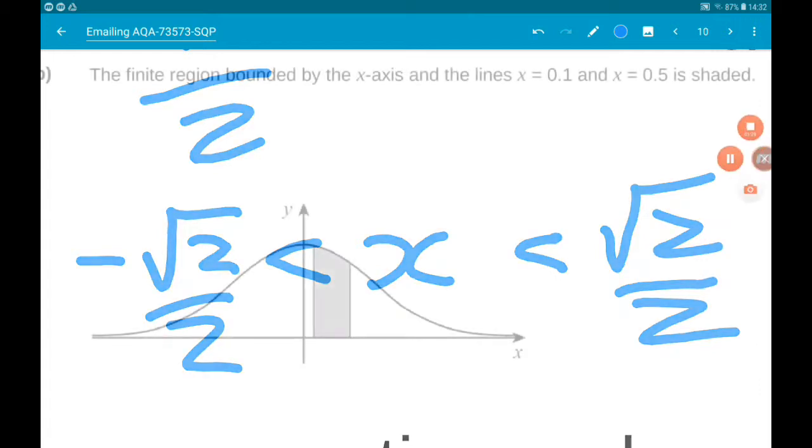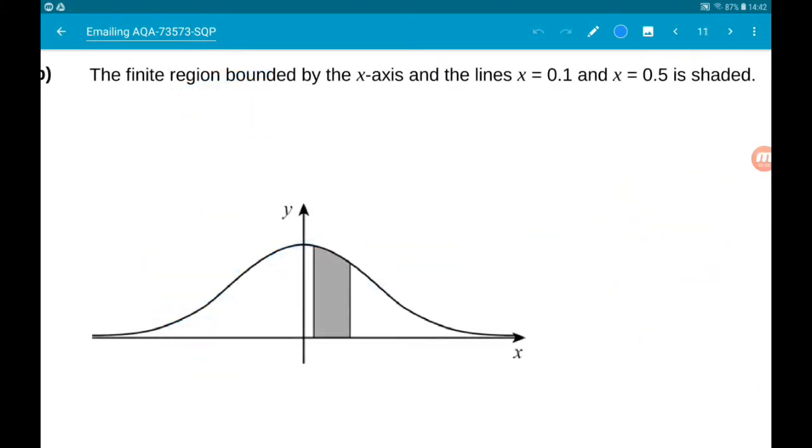Cool. Okay, part B, the finite region bounded by the curve, the x-axis, and the lines x equals 0.1 and x equals 0.5 is shaded.